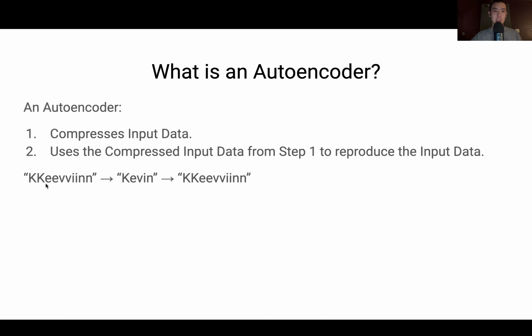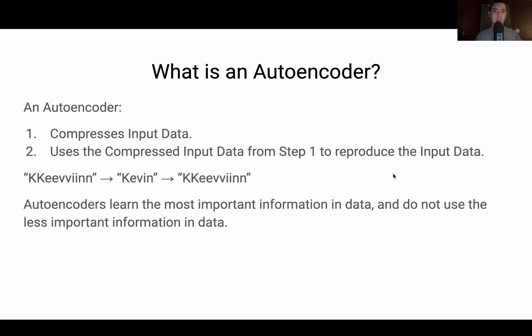So 2 Ks, 2 Es, and 2 Vs, etc. Then maybe to save space in our computer, we compress it to just Kevin, so it's one letter each. If we want to uncompress it or get the original data back, we can just take the compression and double the letters again. Hopefully this is an intuitive example of what an autoencoder does for compression and then reproducing the input data.